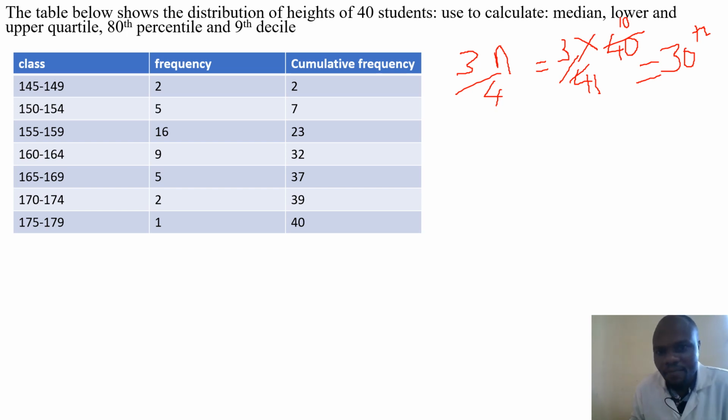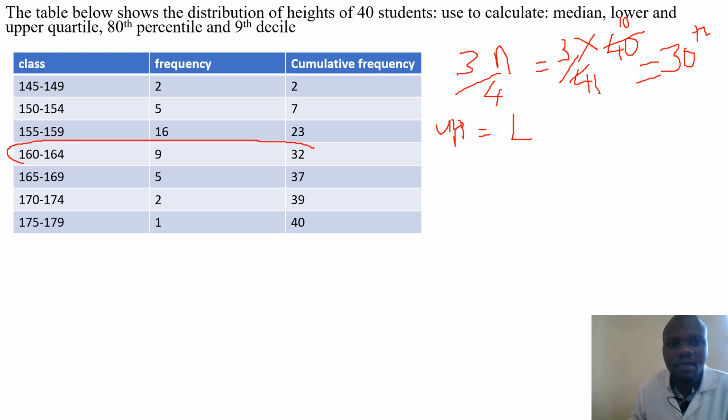So to get the upper quartile here, we are going to say that it is the lower limit of that class, and that lies in between this class here. That is where our 30th lies.